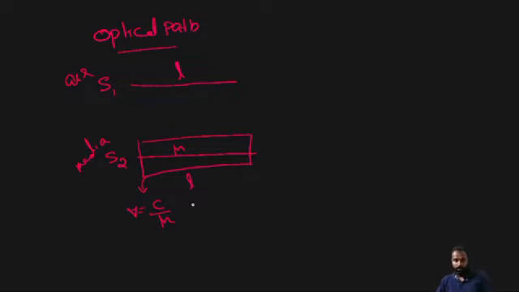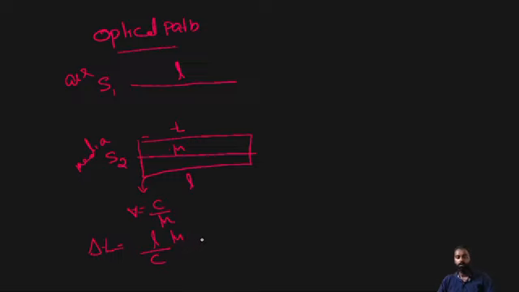Then I'm finding the time delta t to reach here. Delta t will be this thickness t, or L, same, L by V. V is C by mu.